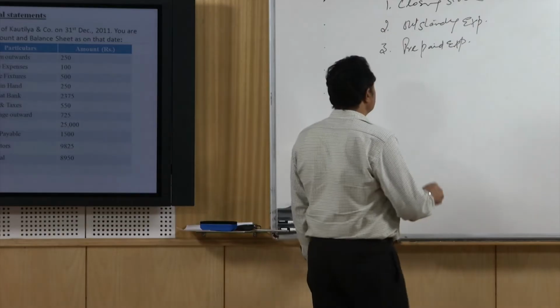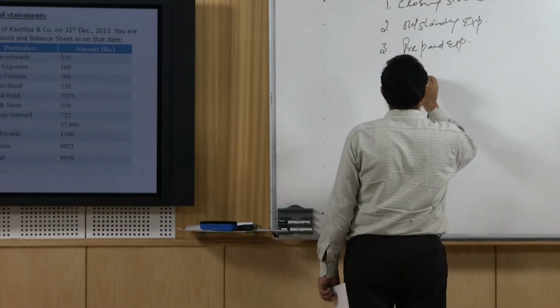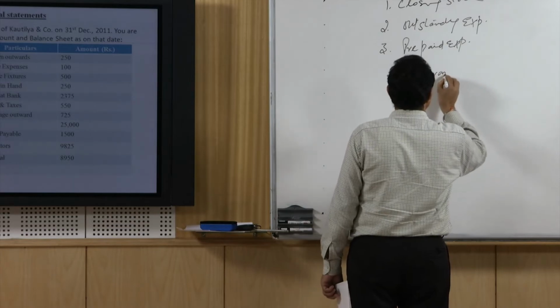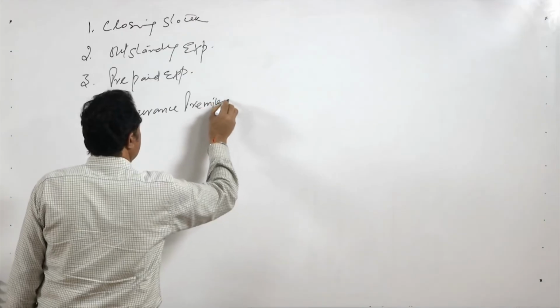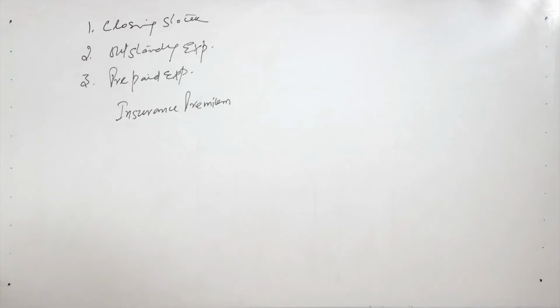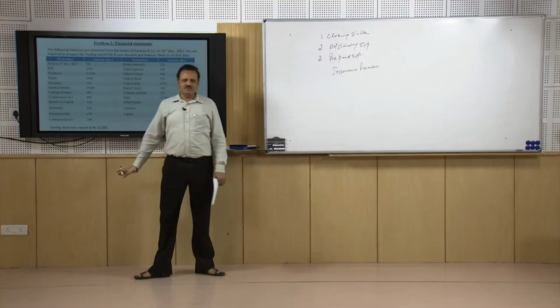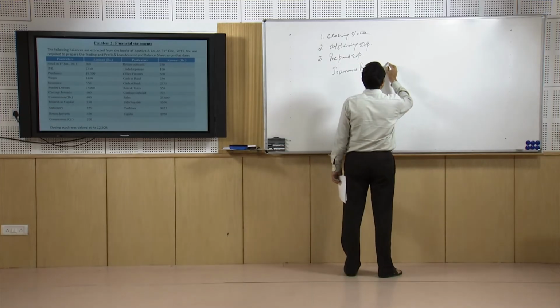For example, the item is insurance premium, and the total expenditure on insurance premium is shown here as, say, 5000 rupees.